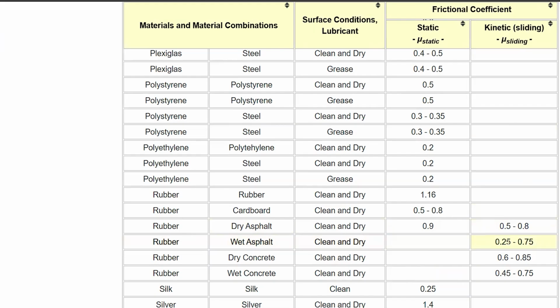So you get less friction between your tires and the road on wet asphalt, which most of you probably knew anyway. You're like, oh yeah, they told me not to drive in the rain because you could slip around, but the physics is there. It shows that the coefficient of friction is much higher. We get more friction between rubber and asphalt in general, and especially when it's dry.